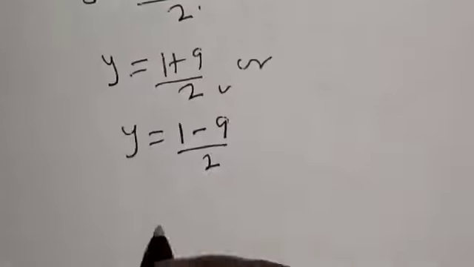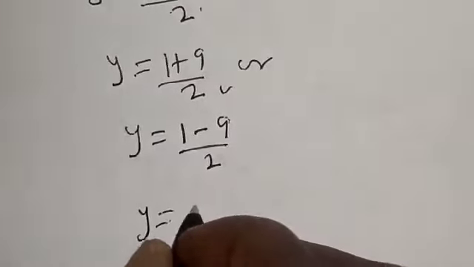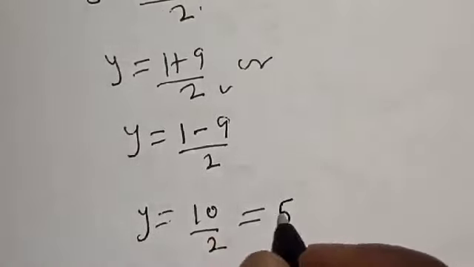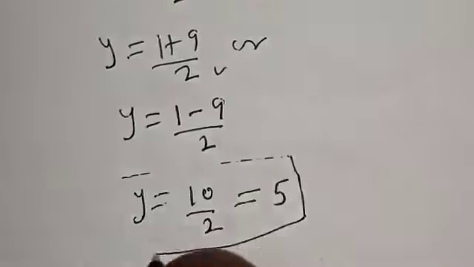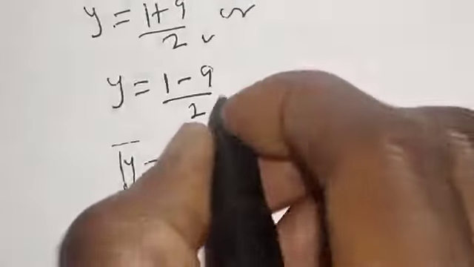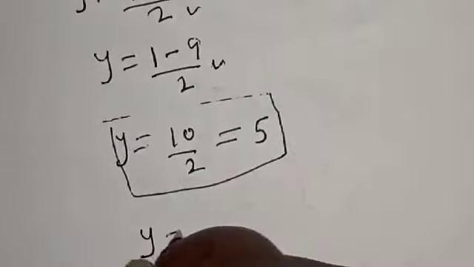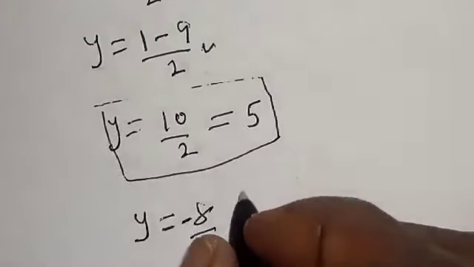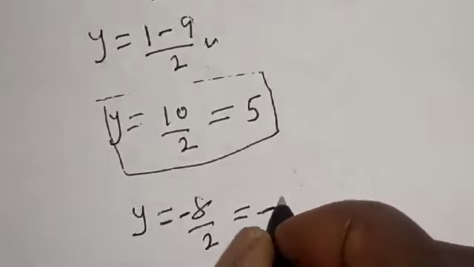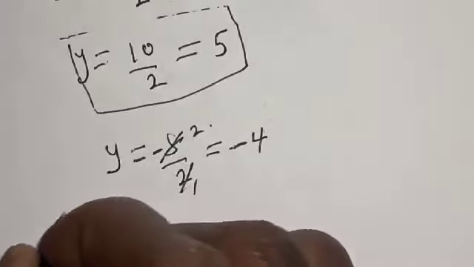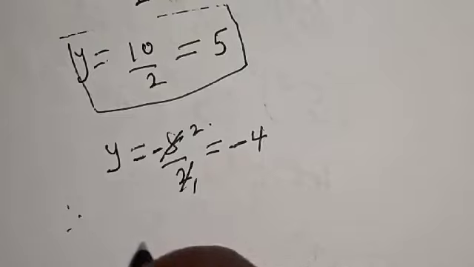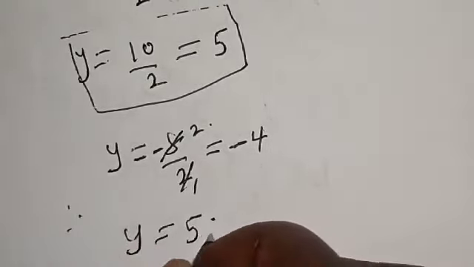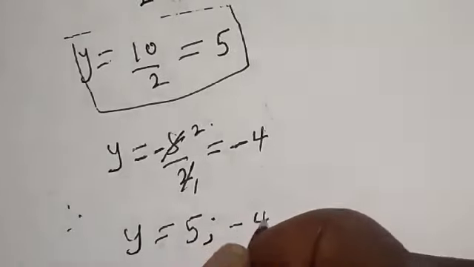From here, y is equal to 10 over 2, which is equal to what? 5. Also from here, y is equal to 1 minus 9, that is minus 8 over 2, which is equal to what? Minus 4. Therefore, the value of y is equal to 5 and minus 4.